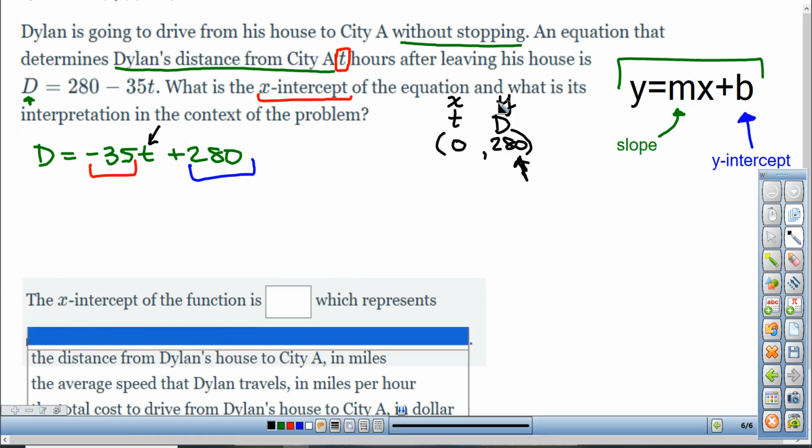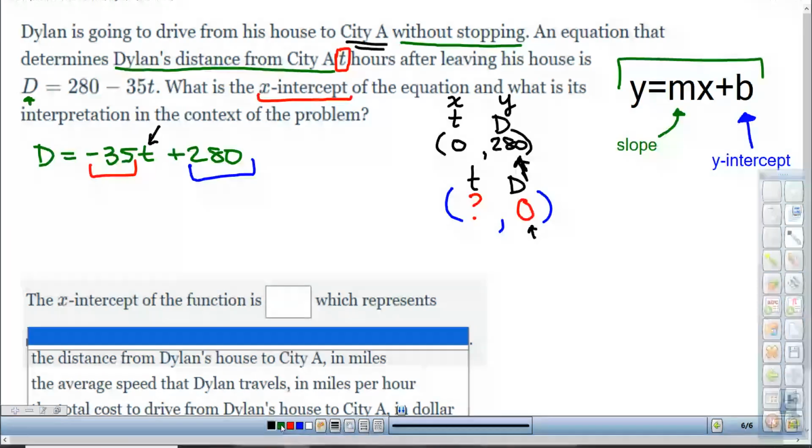The x-intercept, though, which is different than the y-intercept, would be represented by the situation when the y value is a 0. And that means there's some t value, and I don't know what it is yet, but if I figure out how long he's been driving and the distance from city A becomes 0, then I am basically saying if my distance is 0 miles away from a location, or 0 feet or whatever it may be, if the distance is absolute 0, then I'm there.